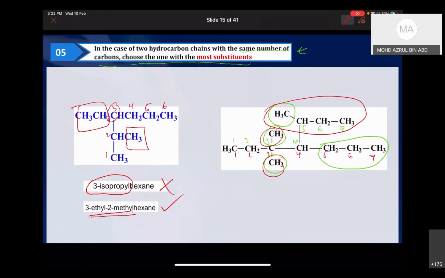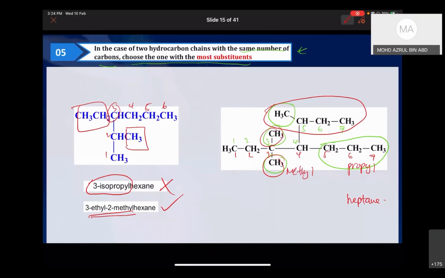And then baru kita bagi nama dia as heptane, because 7 carbons. And then at carbon number 3 and 5 there are methyl groups, and this one is propyl. So we can name it, which one first?